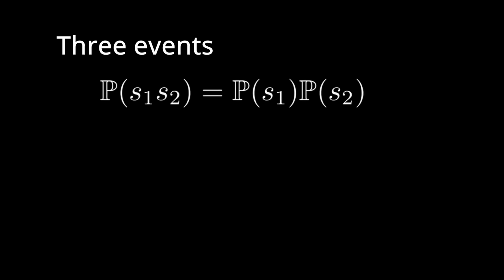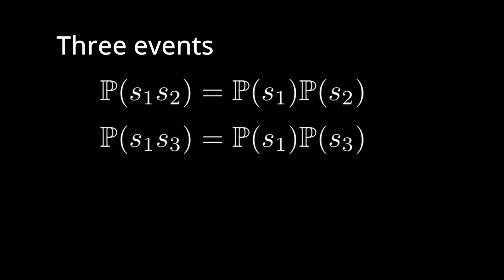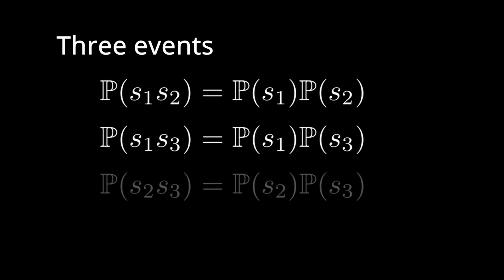For n equals 3 and events S sub 1, S sub 2, and S sub 3, this requires that the probability of S1 and S2 be the probability of S1 times the probability of S2. The probability of S1 and S3 equal the probability of S1 times the probability of S3. The probability of S2 and S3 equal the probability of S2 times the probability of S3.